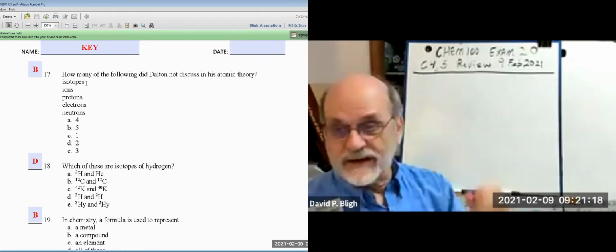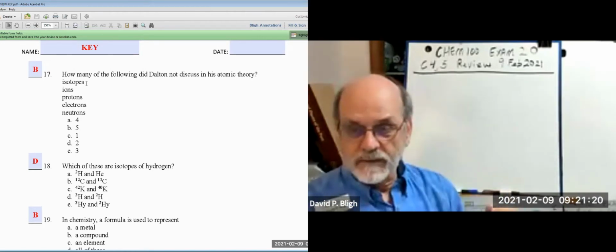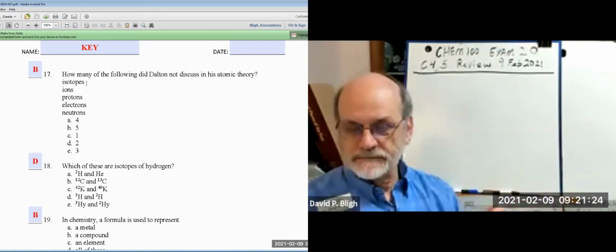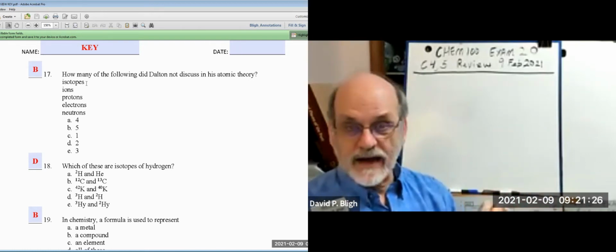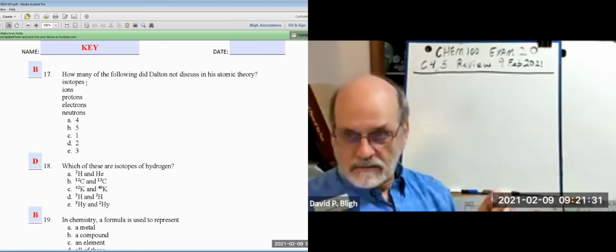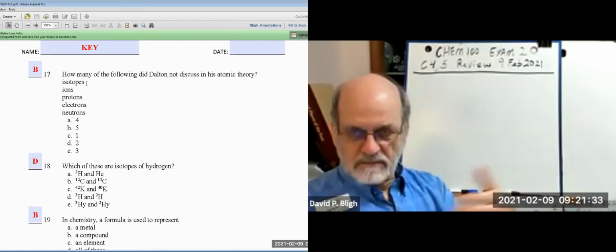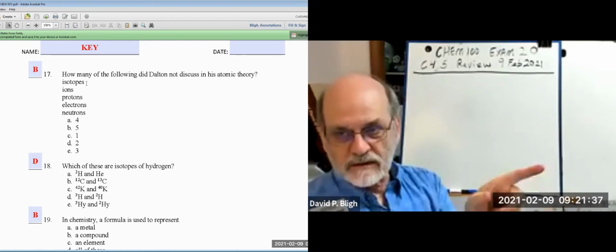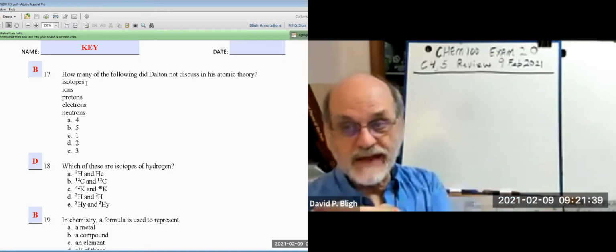So they painted themselves into a corner there, because if all the atoms are the same, how come we have different substances? And they really never figured that one out. What Dalton did was he said, all right, I'll go with elementary particles called atoms, but this element has a different atom than that element. And that solved the problem right there.